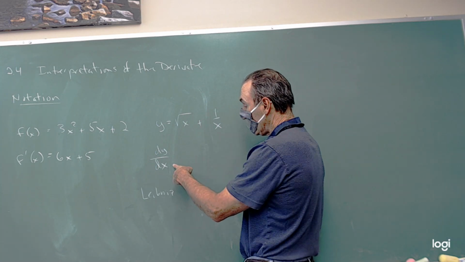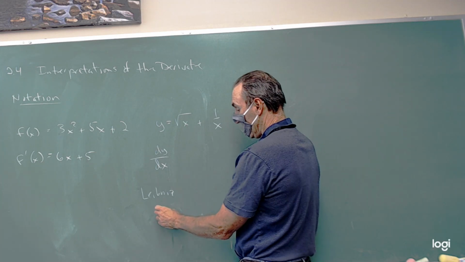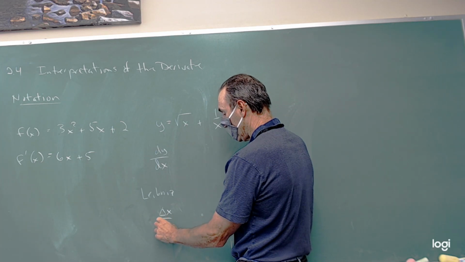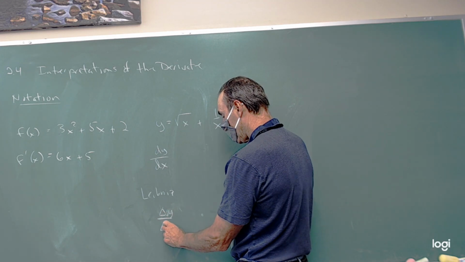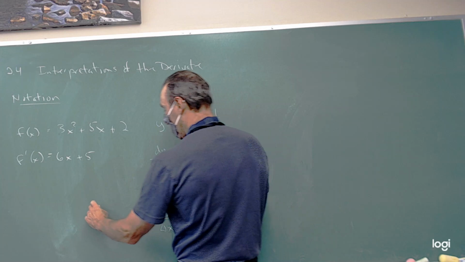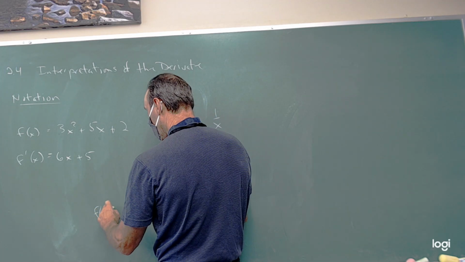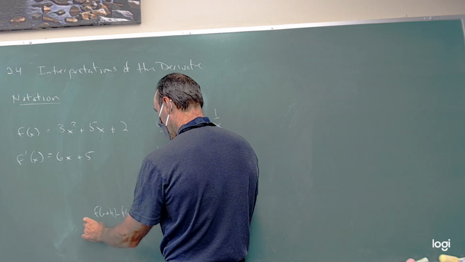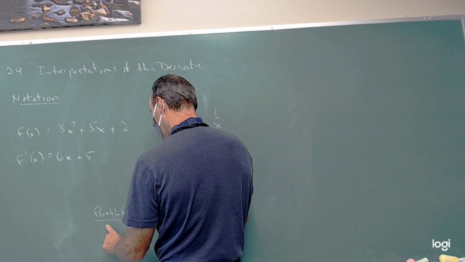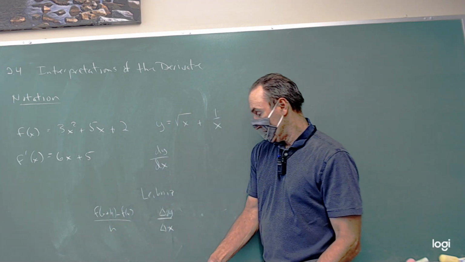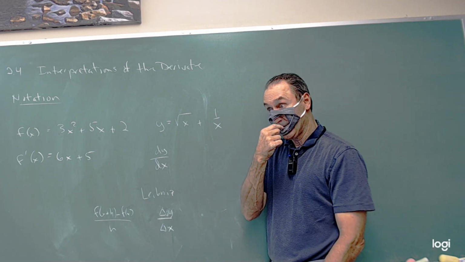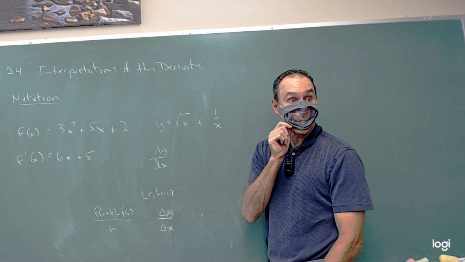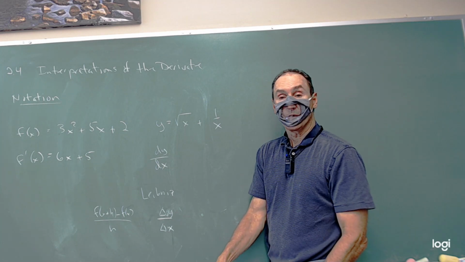But what Leibniz was saying here is that this is coming from delta y over delta x, right? We have seen what we call the difference quotient, which is the change in y over the change in x. That's exactly our slope formula from our algebra 2 days, where we took y2 minus y1 over x2 minus x1.